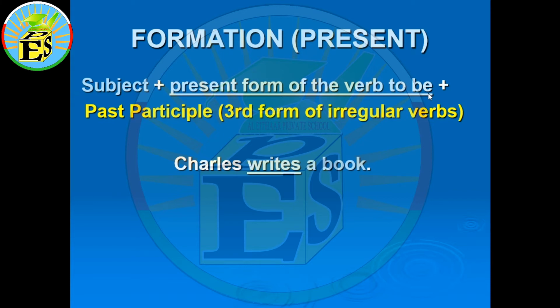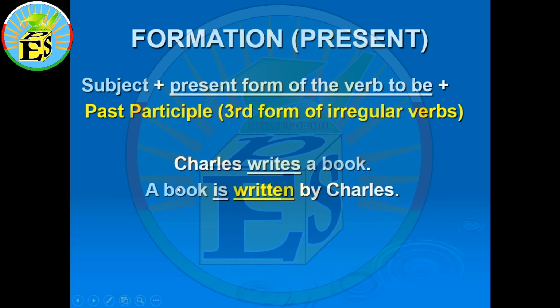Charles writes a book. Charles here is the subject. Writes is the verb in present simple. A book is an object. When I change this sentence from active to passive, I will start with the object, a book, and I will change the form of the verb.